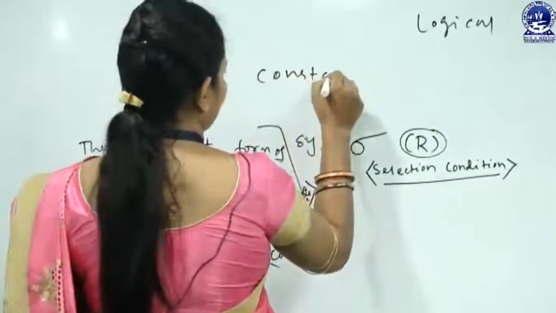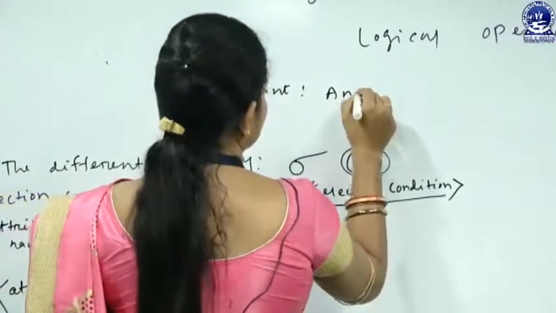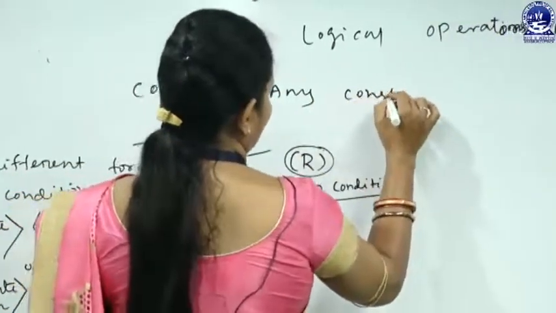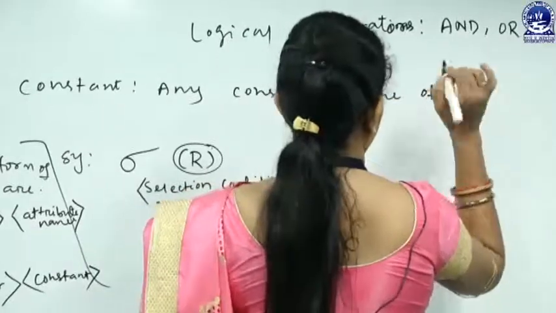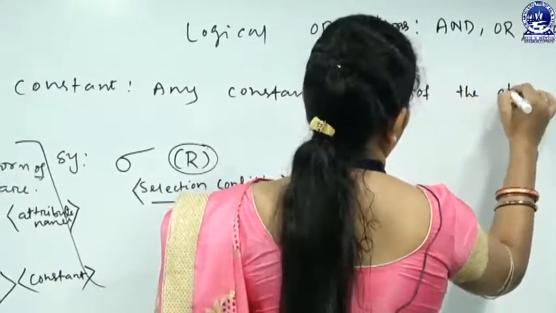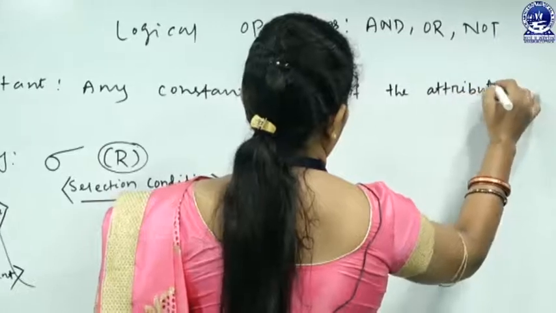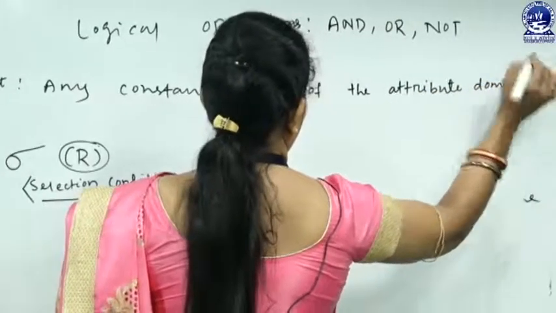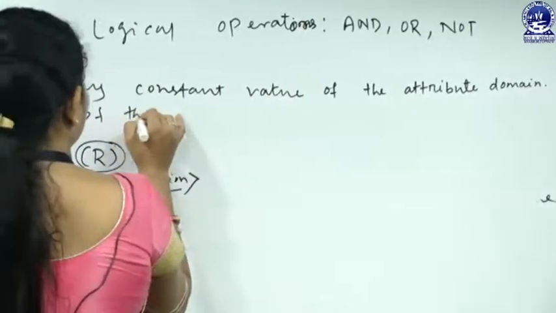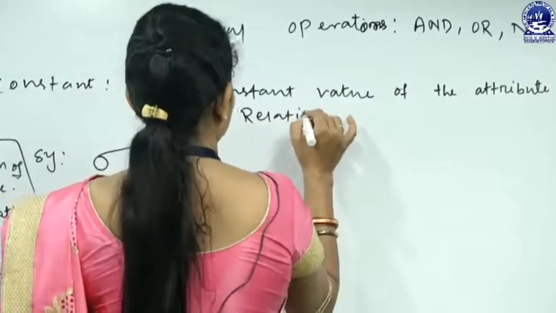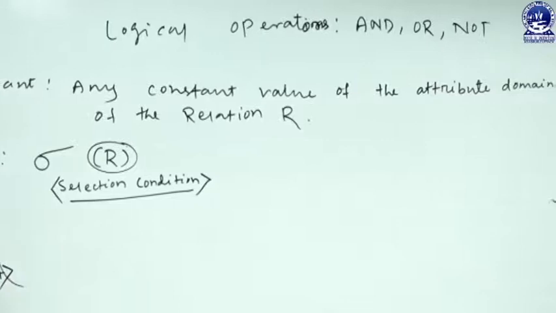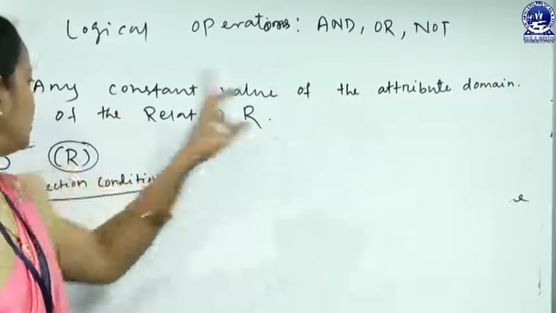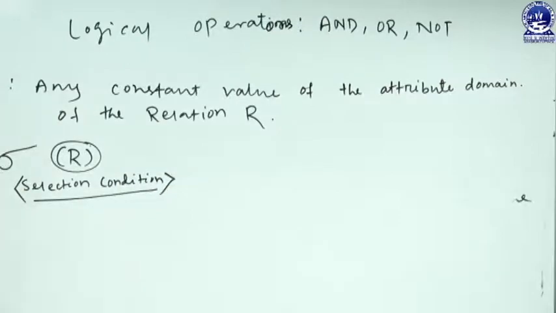The constant is any constant value of the attribute domain of the relation R. Okay. Let us see one example of the select operation.